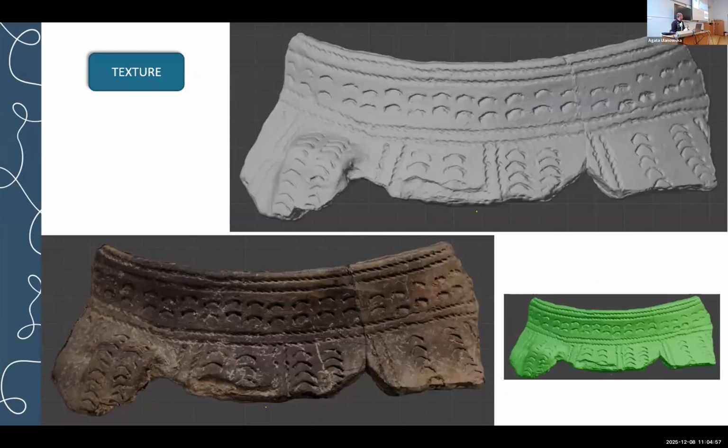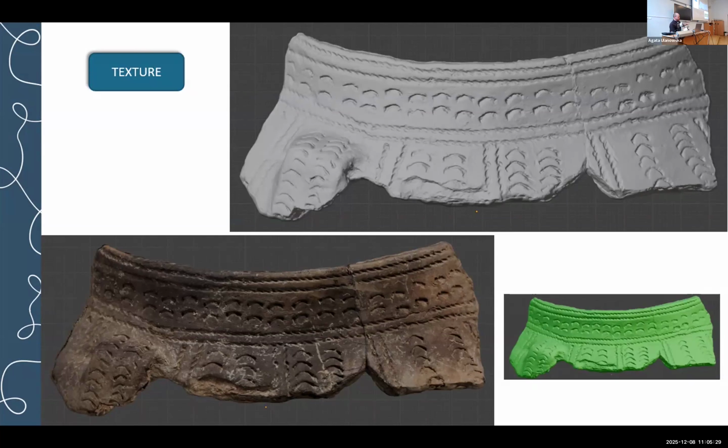And the next component of a 3D model is texture, because with the structure from motion technique or 3D scanning, we create models with photorealistic texture. But all of us need to be aware that we can always turn off the texture, because sometimes texture does not help in analyzing the shape of the imprint, the topography of the imprint.